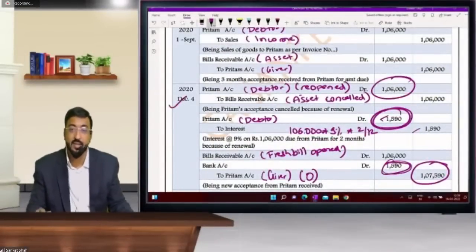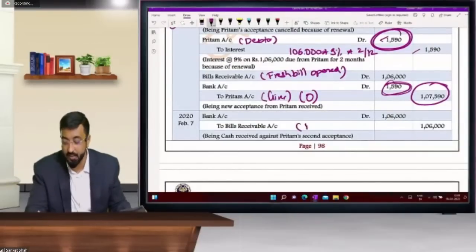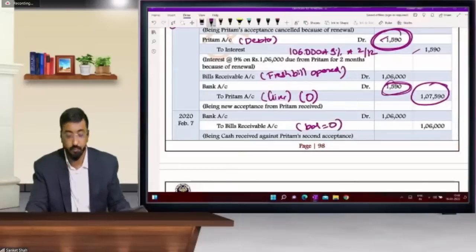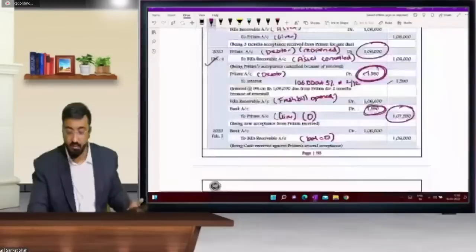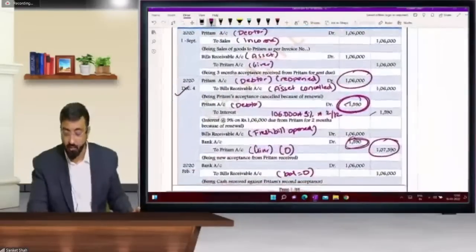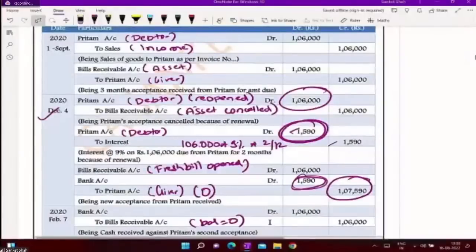Bank balance is getting increased. And the last entry will be bank account debit to bills receivable, so that the balance becomes 0. Very easy, all 6 entries. Tell me in the comment section: are you getting the sequence? Please recall the sequence. This is a very simple technique. Try to recall all this sequence. Let's take a screenshot.